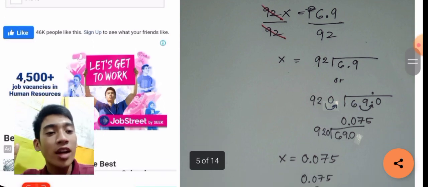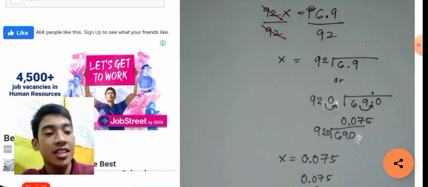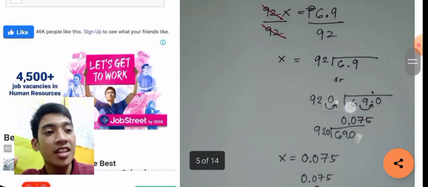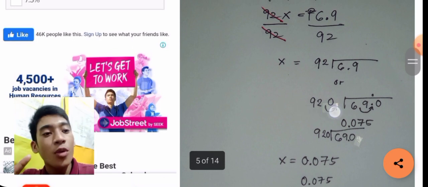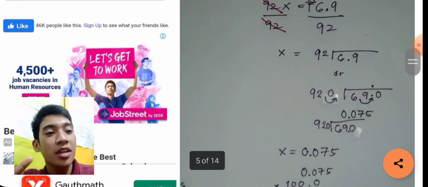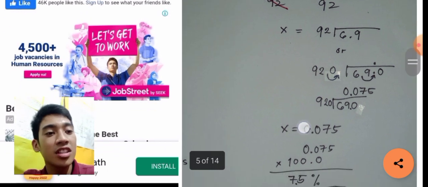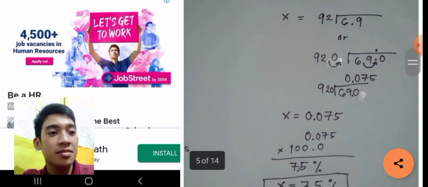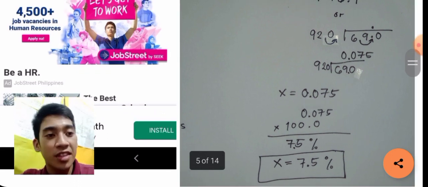So move one decimal place to the right, so it becomes 69. As we move the decimal in our dividend, we will also move the decimal point in our divisor. So our divisor becomes 920 and our dividend is 69. So 69 divided by 920 will give us 0.075.